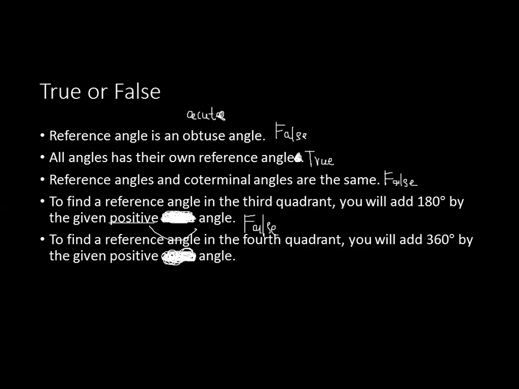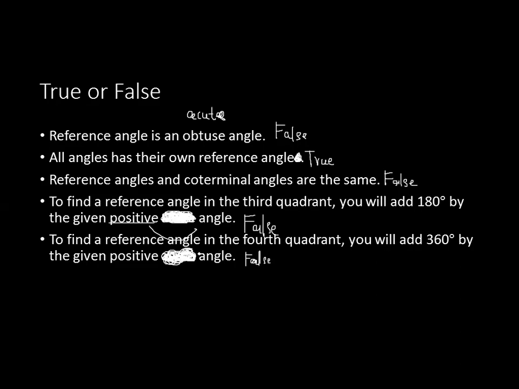To find a reference angle in the fourth quadrant, you will add 360 degrees to the given positive angle. The answer here is obviously false, because if you add 360, you're going to form a coterminal angle.